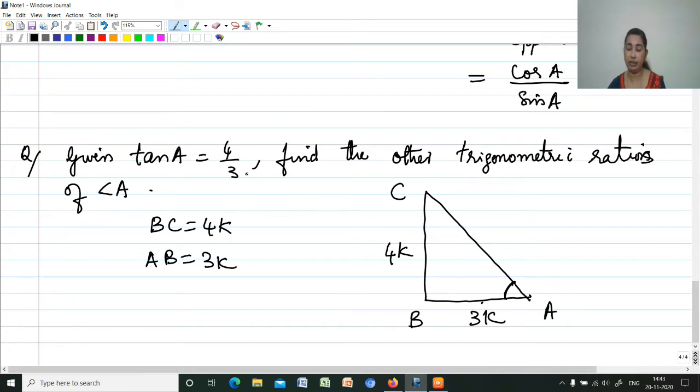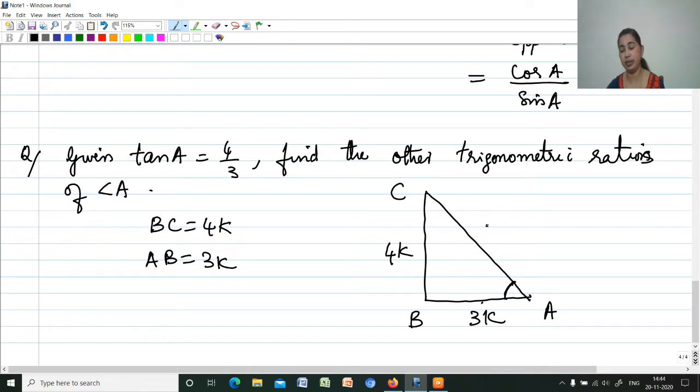Because one common term has been cancelled from here, and we are writing the rational number in the simplest form. Let that constant which we have cancelled be k. So the numerator is 4k, the denominator is 3k. That's why BC can be written as 4k, this is 3k. So what about AC?